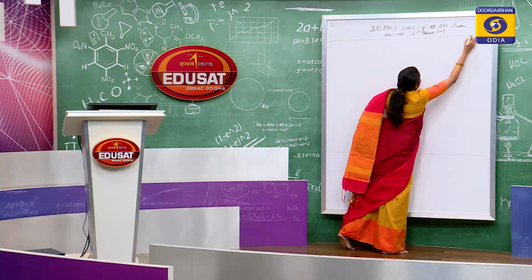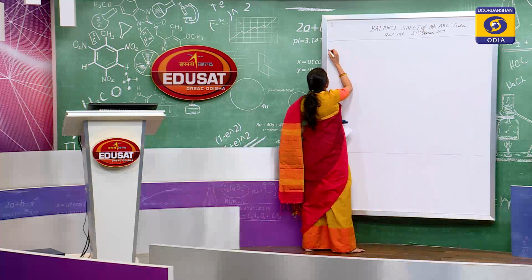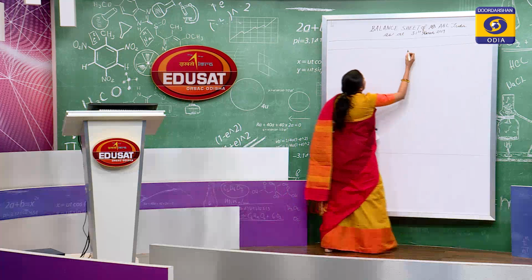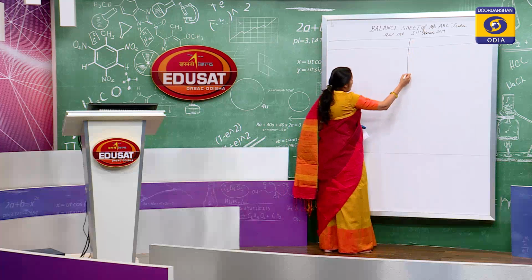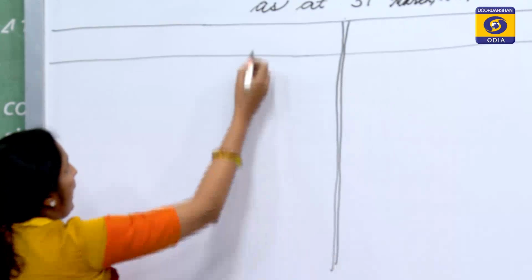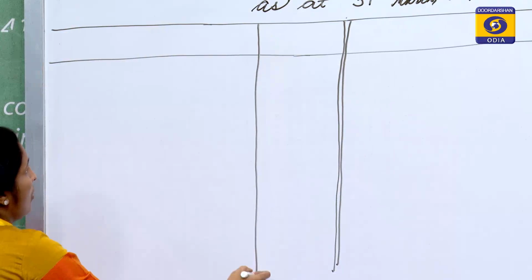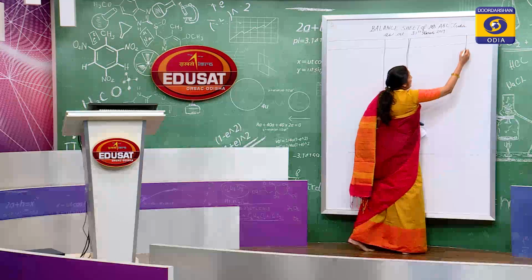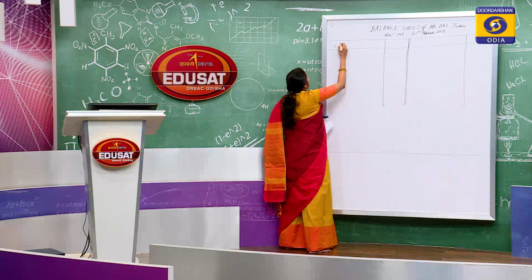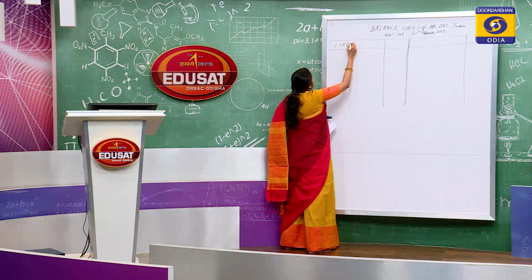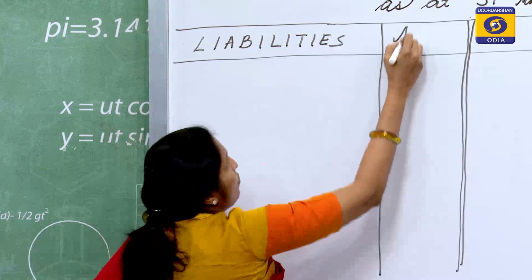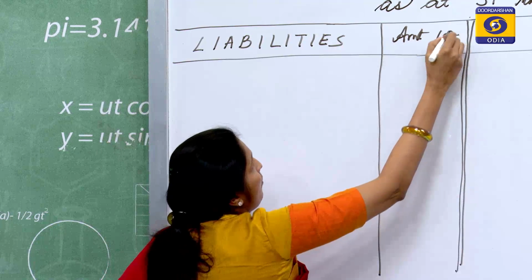So take a look at the format. We'll divide it into 2 equal halves, and this to my left, the left hand side, will have liabilities, and this column will have amount in rupees.